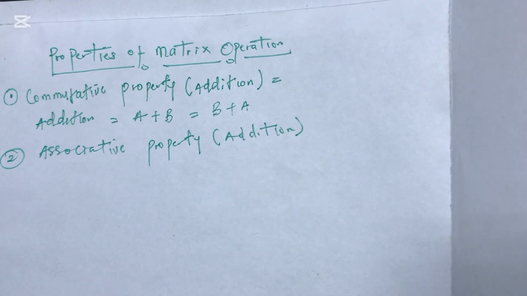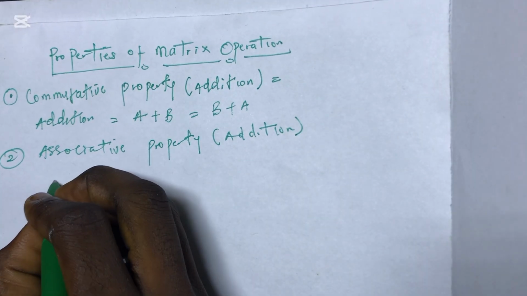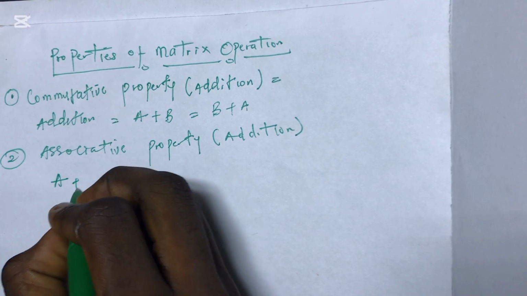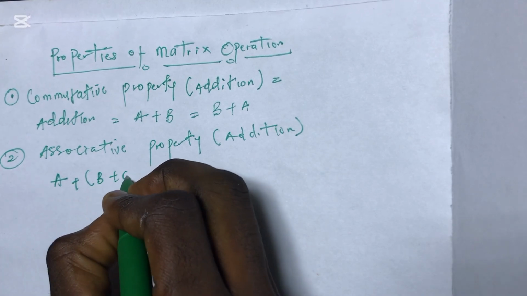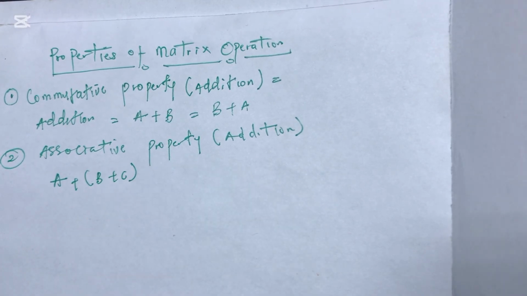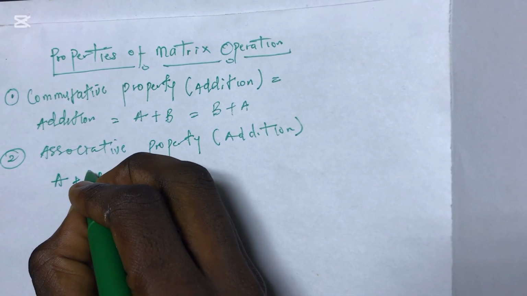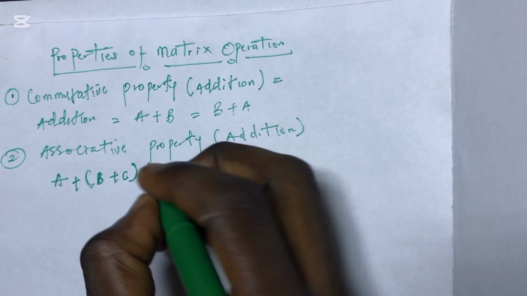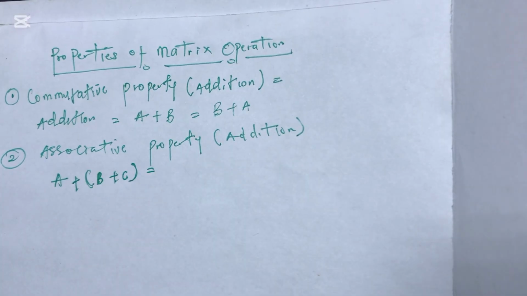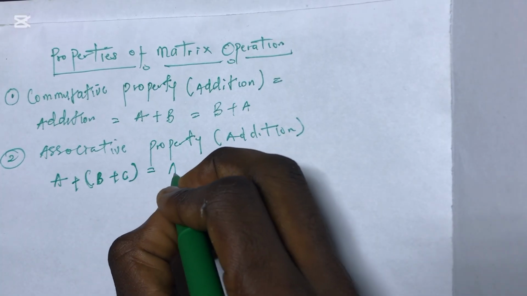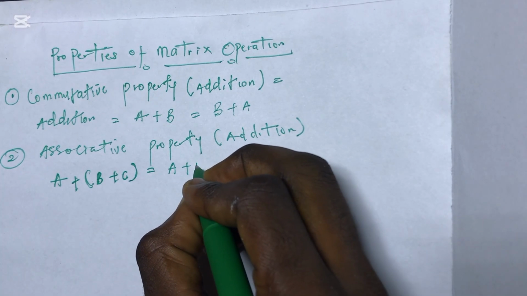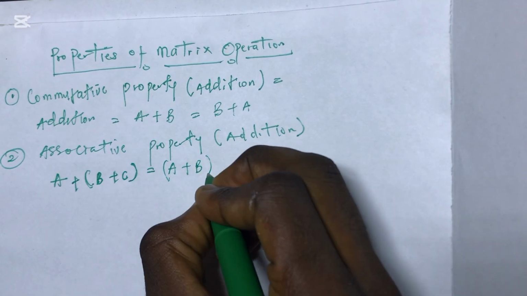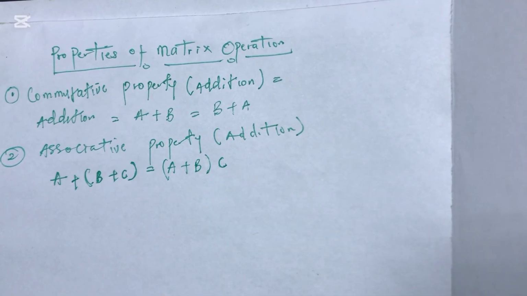Now, A plus (B plus C) is the same thing as (A plus B) plus C. It's the same thing.